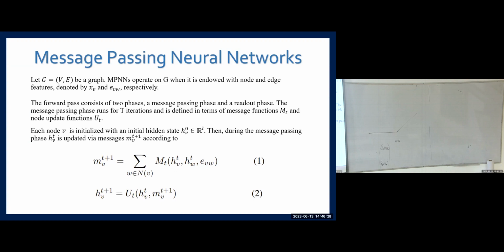And then we update the hidden state according to an update function that receives messages and receives the current hidden state. Essentially, each node has access to its distances from all of the other nodes in the graph, and then updates some hidden representation that we're going to use to classify things.